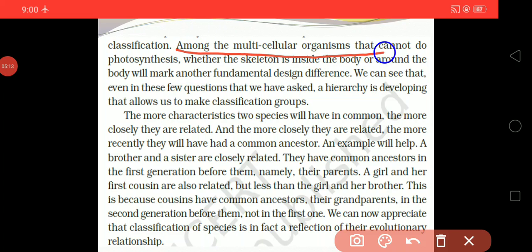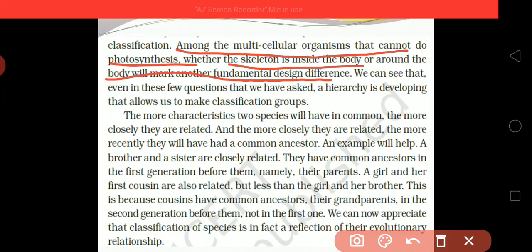Among the multicellular organisms that cannot do photosynthesis, the next classification is whether the skeleton is inside the body or around the body, which will mark another fundamental design difference.